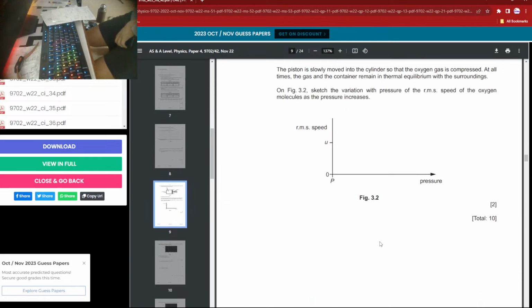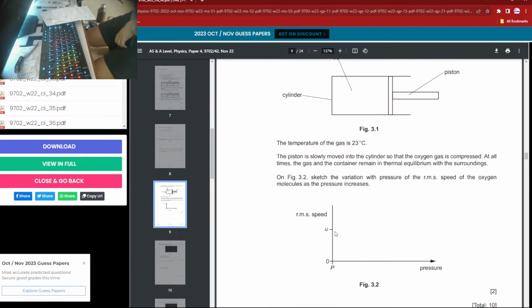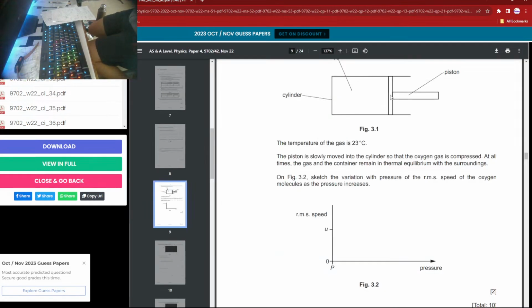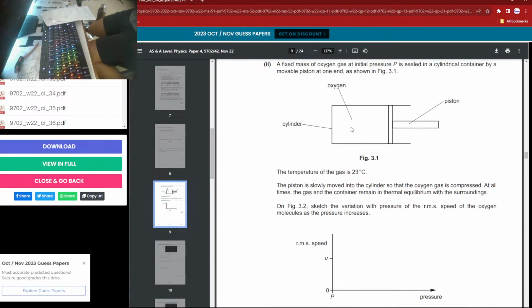Okay, next one. My graph was from here straight up, since pressure is directly proportional to the speed. So horizontal straight line. Yeah, I thought about that already. Because if you decrease the volume, as in you increase the pressure, even though the pressure increased, the particles will still have the same amount of energy since no thermal energy is supplied.